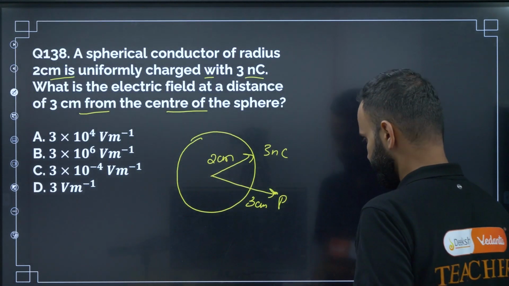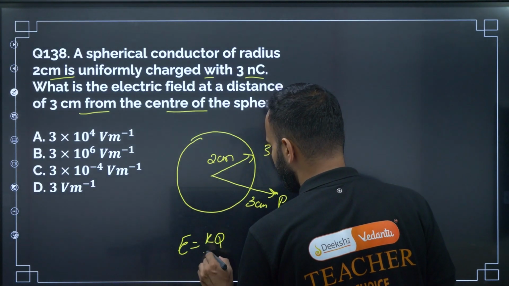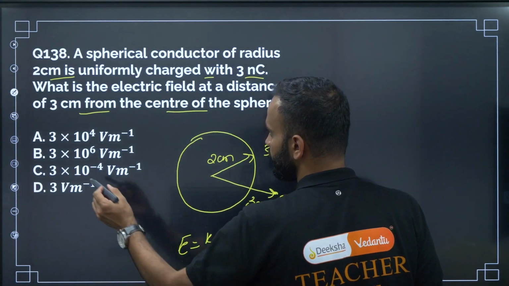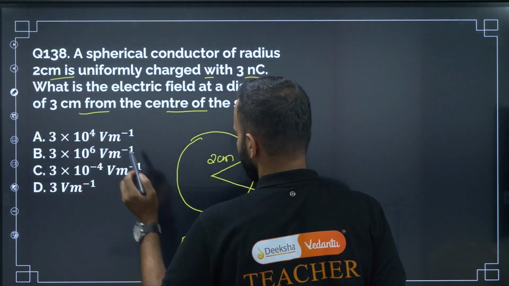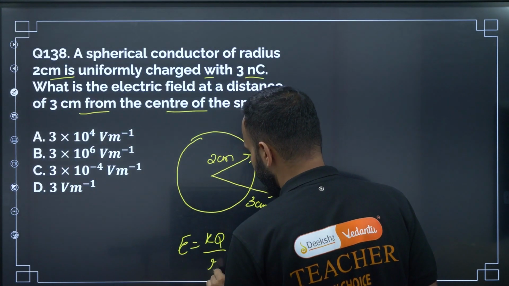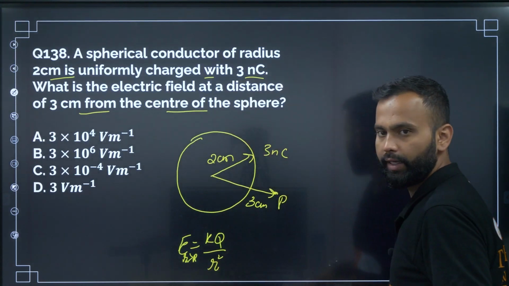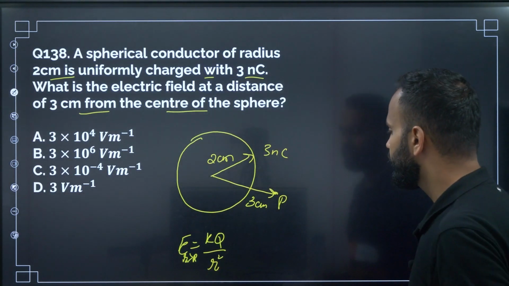So what is the formula? Electric field will be equal to K into Q divided by small r square. Here r is greater than capital R, where capital R is the radius of the sphere.